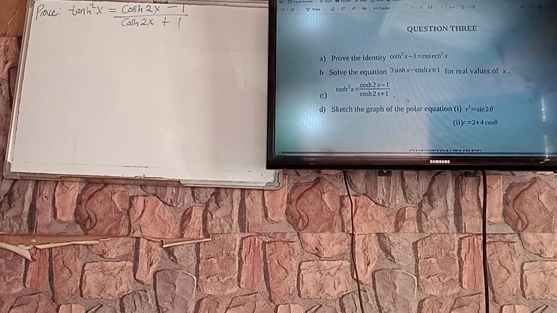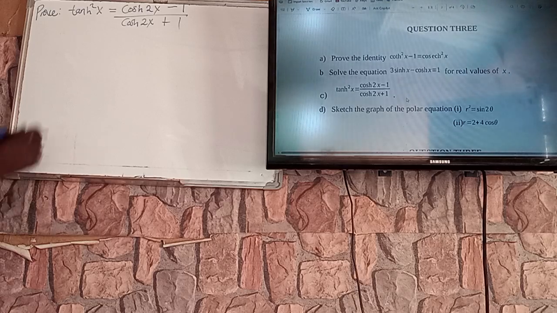So those identities which were given to you when we were learning in class, be able to know them very well, and they'll assist you in proving these other complicated identities. So now, when you want to prove this, what should be the first task? Yes, remembering identities.